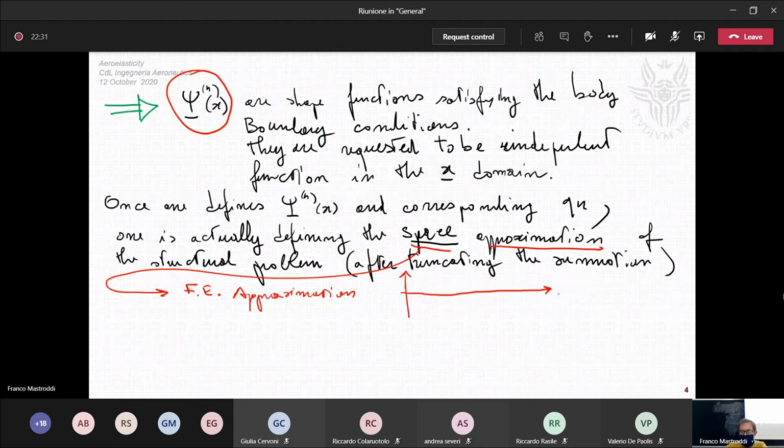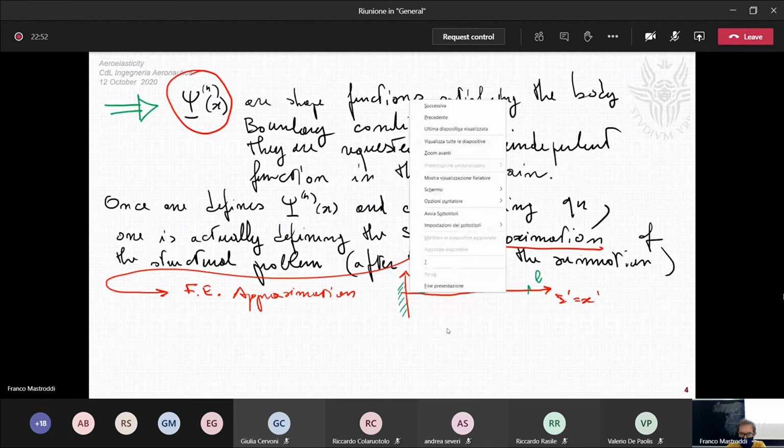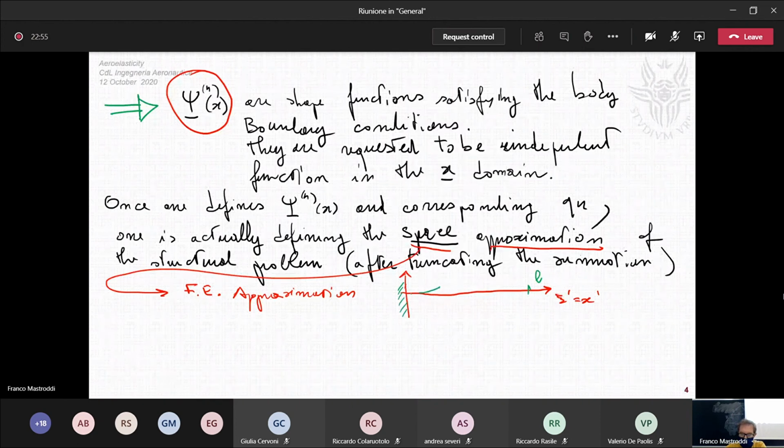You have a unique X1 axis, and you have your beam here in the undeformed configuration. The length of the beam is L. And in the deformed configuration, if the beam, for example, is a cantilever beam, you have something like this. Okay, this is the deformed configuration for the beam.